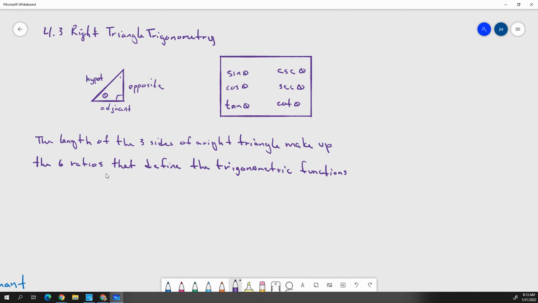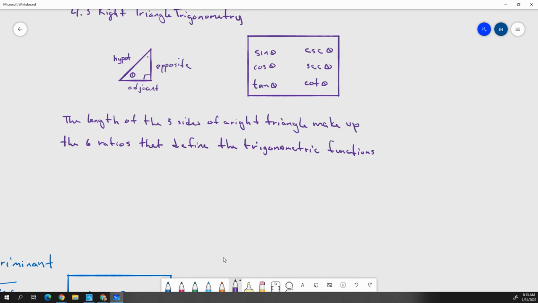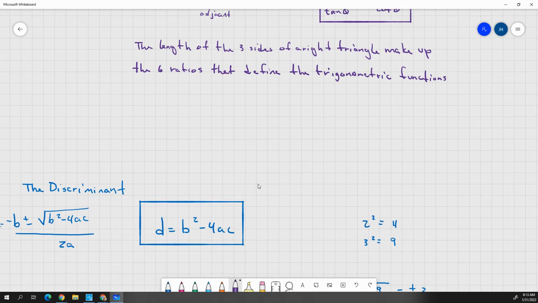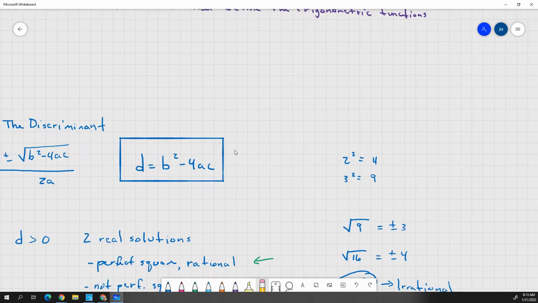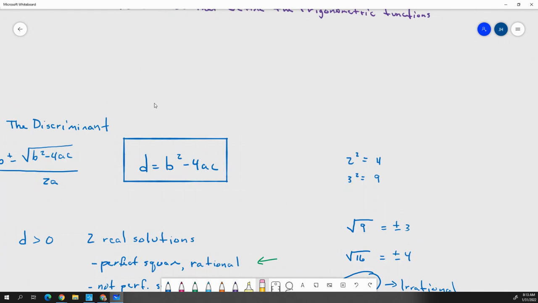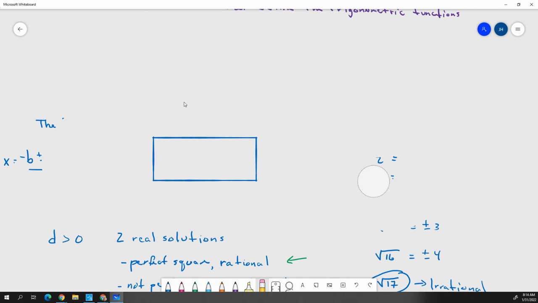Now, you might have heard the expression SOHCAHTOA. Has anyone ever heard that? I didn't realize I was writing on an old dirty whiteboard here. Has anyone heard the expression SOHCAHTOA?